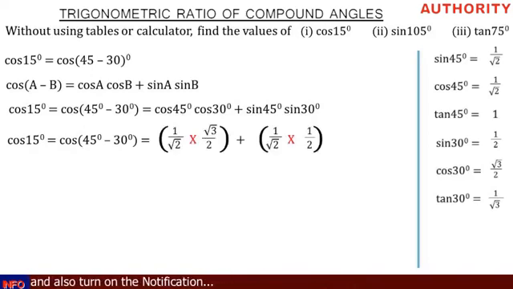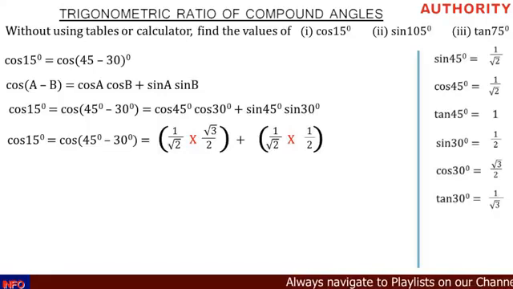Then we say times our cos 30 degrees. Cos 30 degrees is root 3 all over 2. Now let's place these two terms in bracket. Okay? Then we say plus. We have sine 45 degrees as 1 all over root 2 times sine 30 degrees is 1 all over 2. Okay? Now let's also place this in bracket.